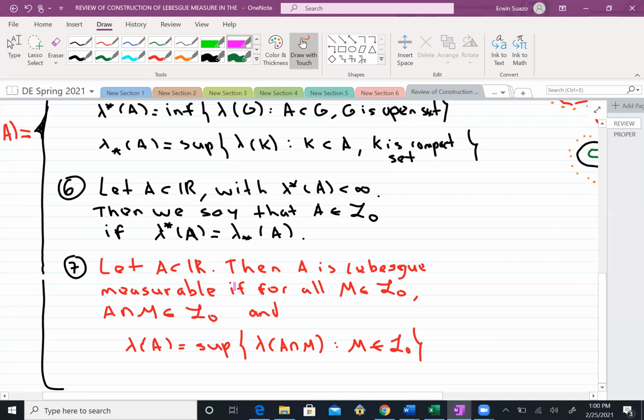But to avoid problems, A is going to be Lebesgue measurable if for any M that is pre-Lebesgue measurable, so for any M such that the outer measure and the inner measure are the same, when you intersect it with A, that intersection is also pre-Lebesgue measurable. And it has this funny definition, okay?